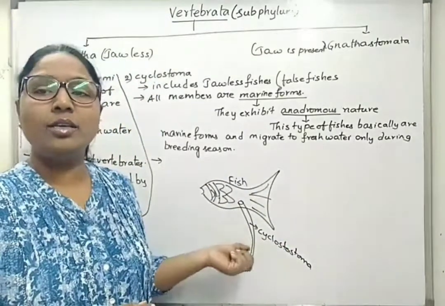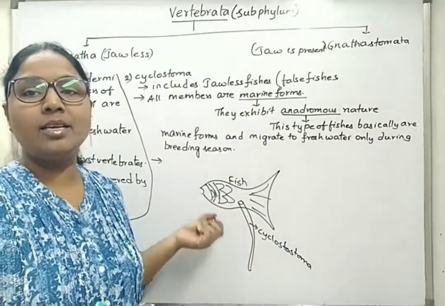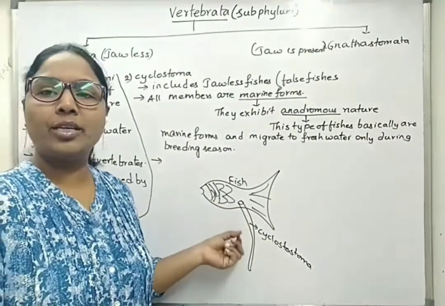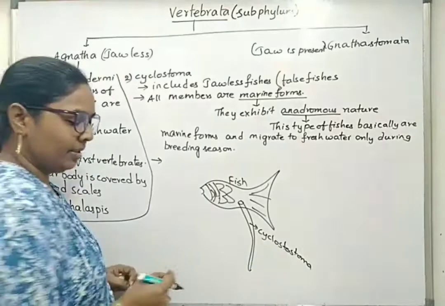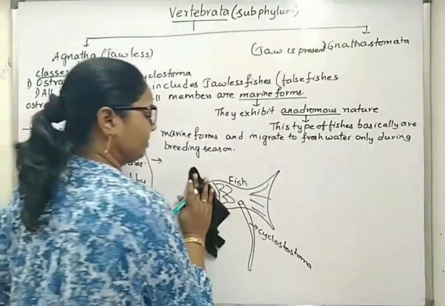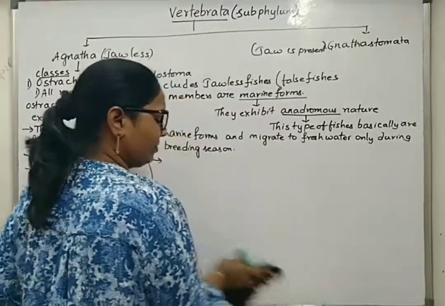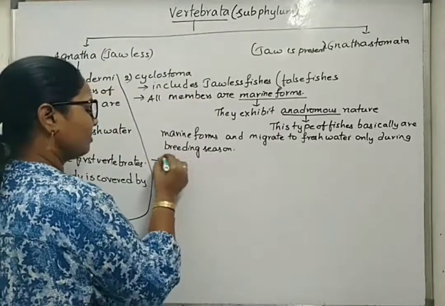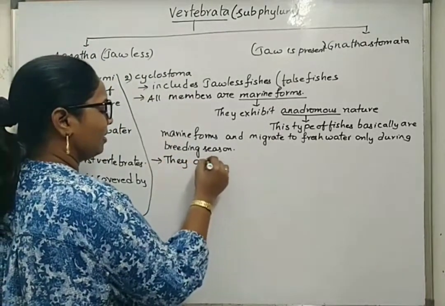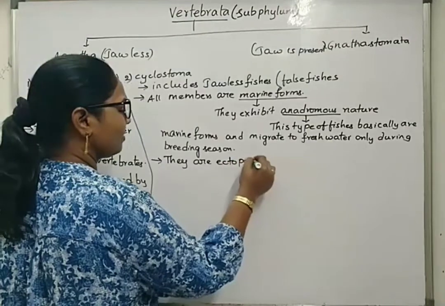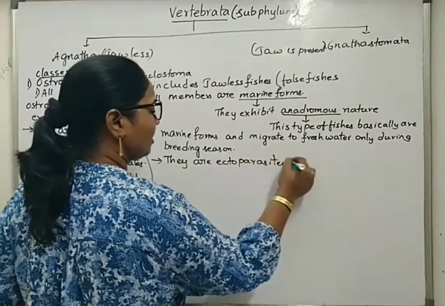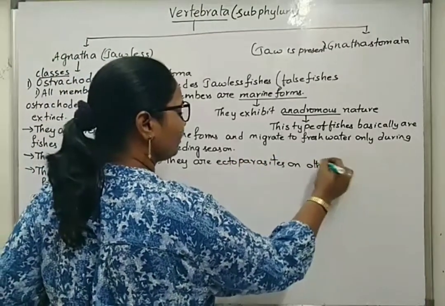They feed on the blood and the smooth muscles present inside the body of other fishes. They are ectoparasites on other fishes.